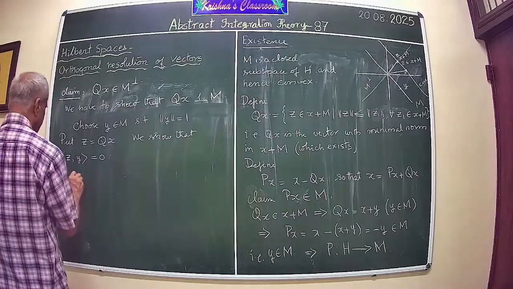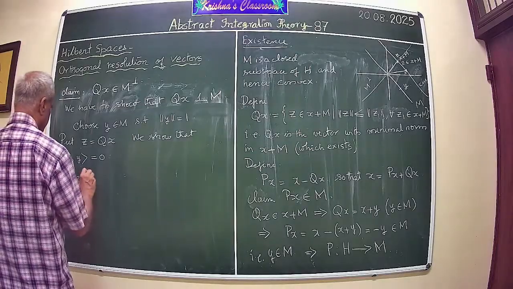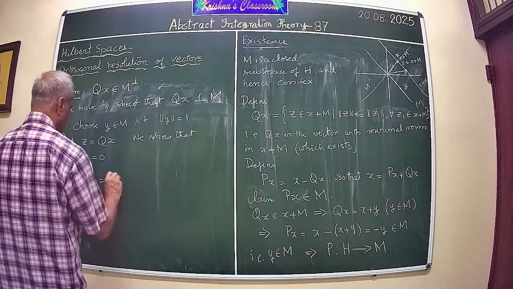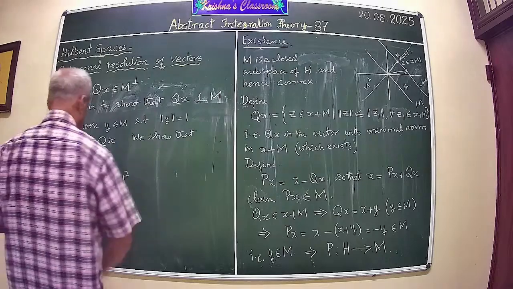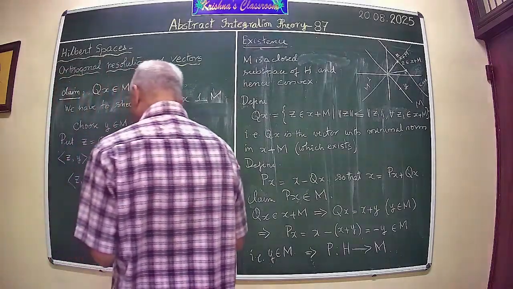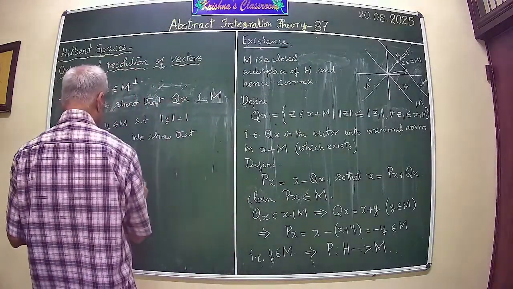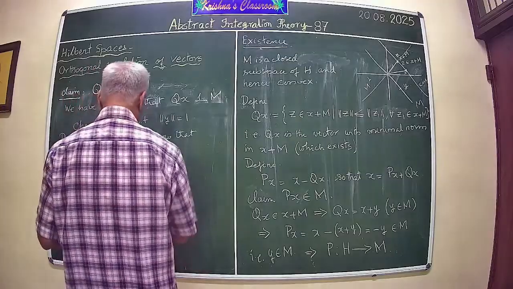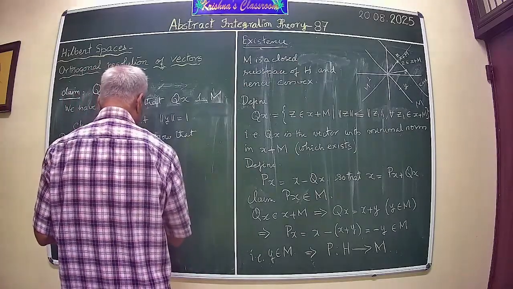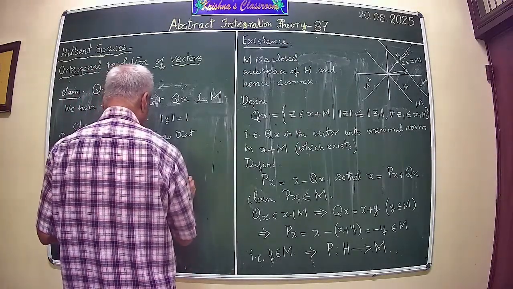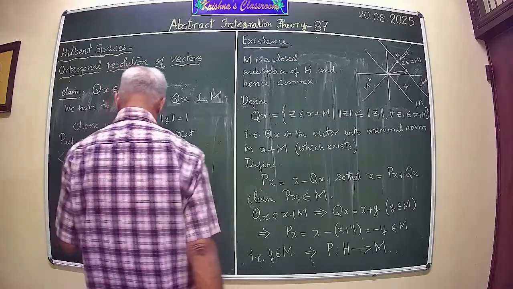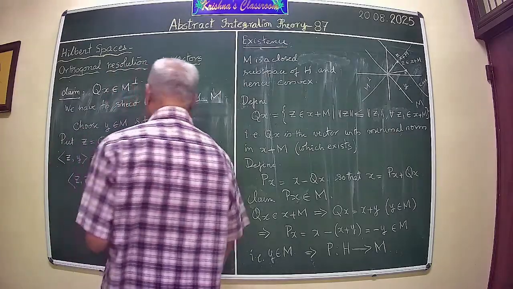The inner product of z with z is equal to norm of z square. Now you know that this is less than or equal to norm of z minus alpha y whole square.